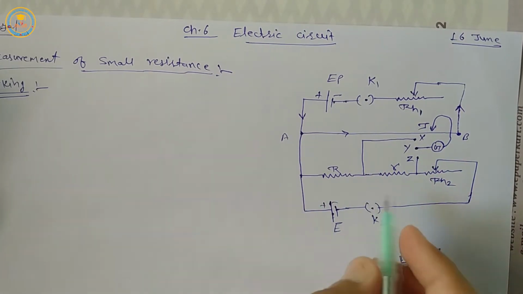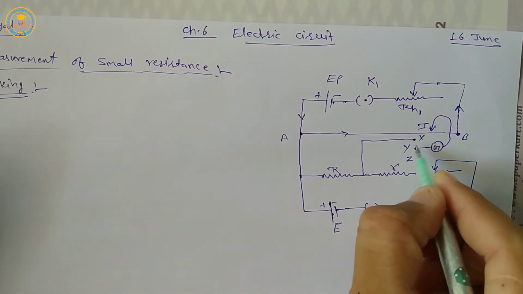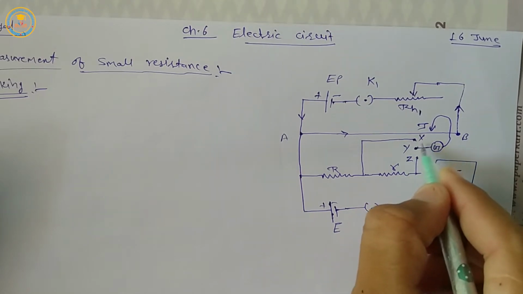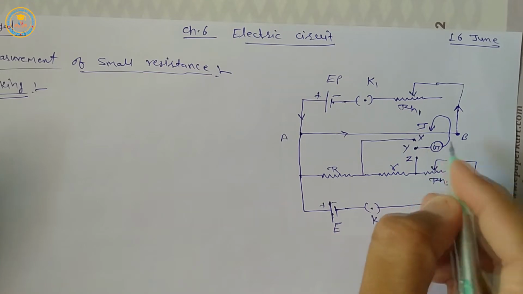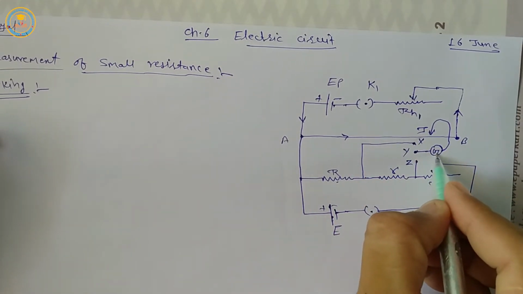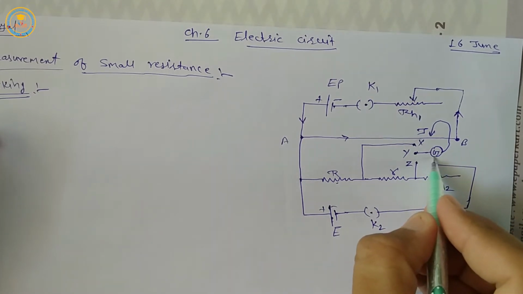Now a plug is inserted between terminals X and Y of this two-way key. Then in this condition, this R is connected with the galvanometer. Due to this, the galvanometer shows a deflection.